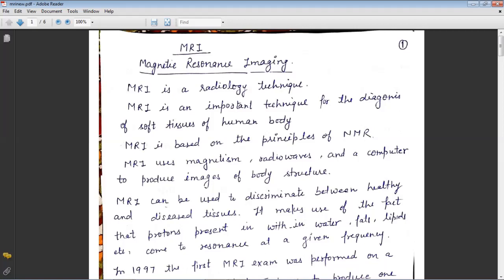Now this is the last topic, magnetic resonance imaging, and this topic is very important in the medical field.